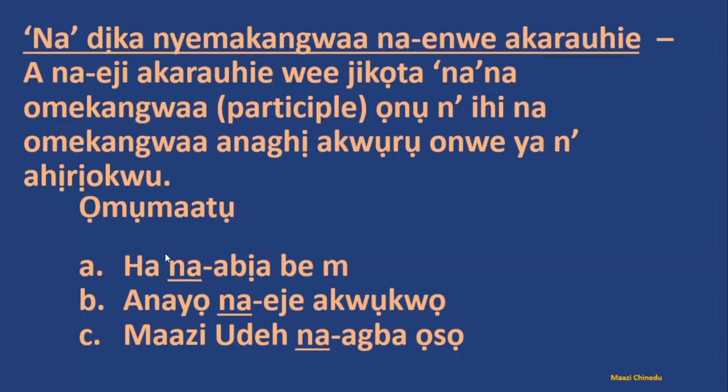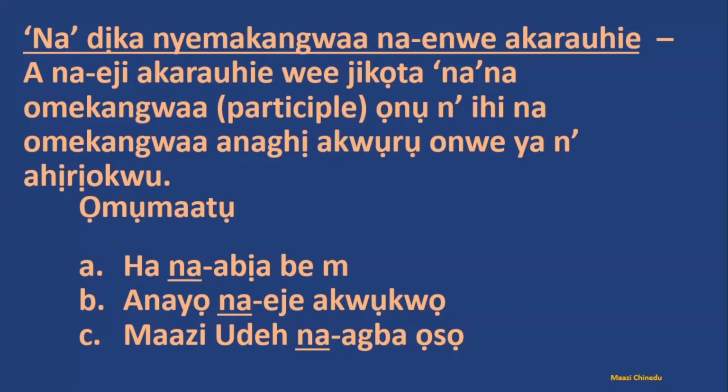Example: ha na-abịa bem. In this sentence, na na-arụ ọrụ ebe a dịka enyemaka ngwa, mana n'ụzọ pụrụ iche enyemaka ngwa nke na-enwe akara uhie.